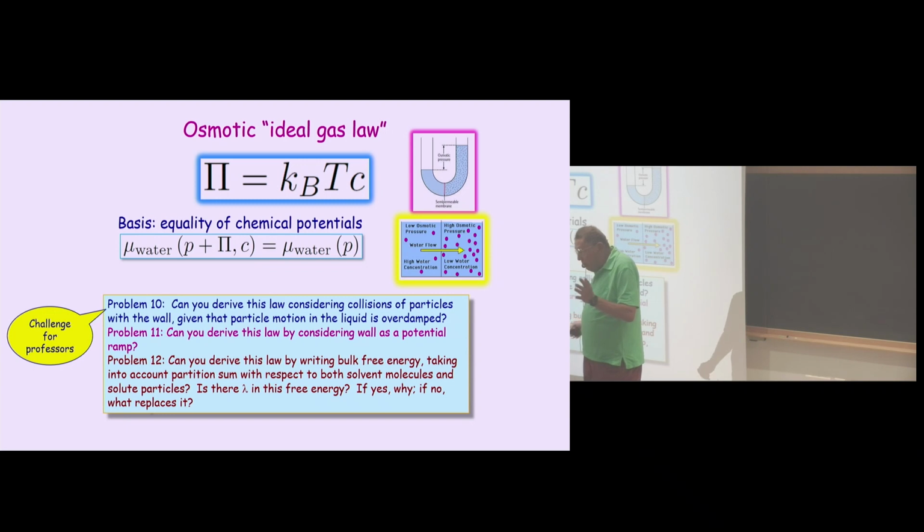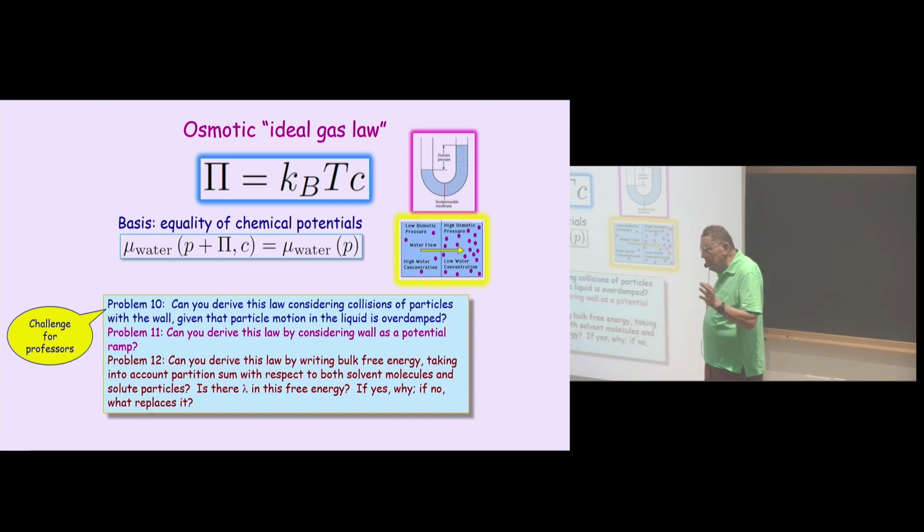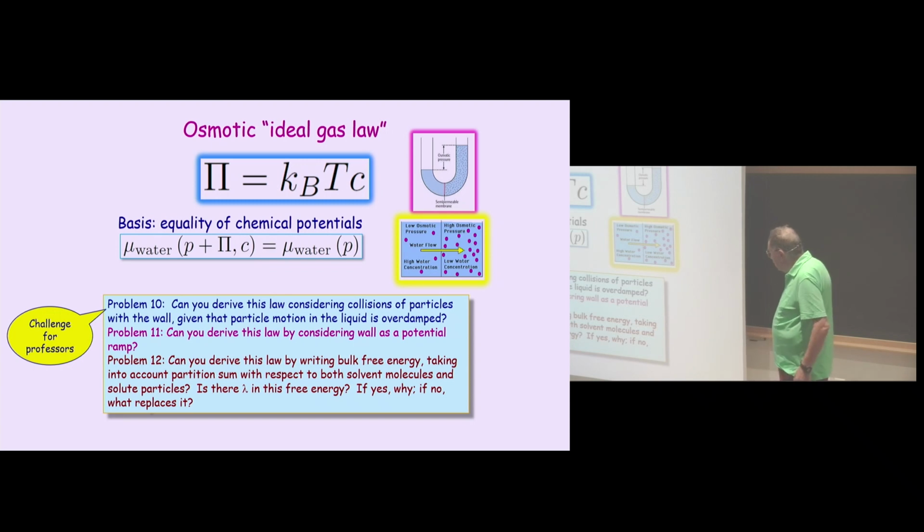What is the momentum of a particle moving as a Brownian particle? It's not very easy. There is some momentum, but it's not trivial to understand what. And so the challenge is to rederive this van 't Hoff's law from a kinetic consideration of particles that don't fly in ballistic motion. They undergo Brownian motion. I will not reveal the solution to this, but it's a challenge.